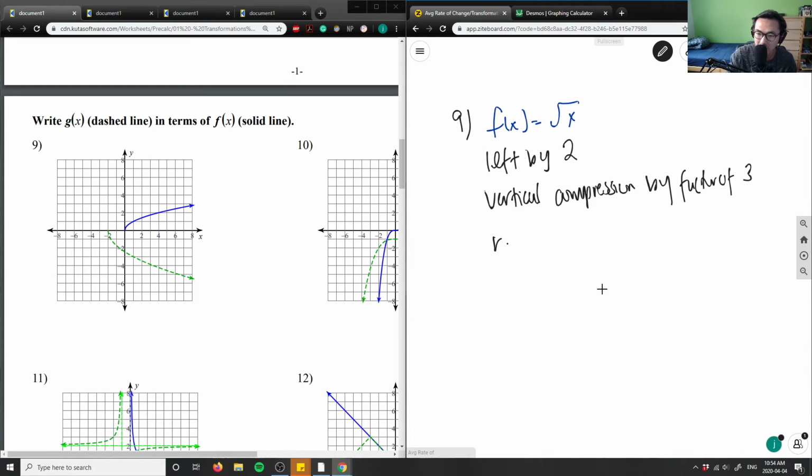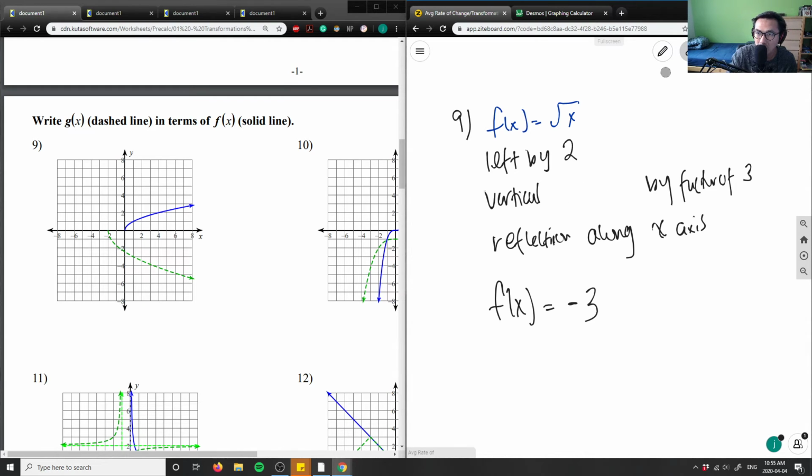This is a reflection along the x-axis. So if I want to write this algebraically, it would be f of x equals, reflection along the x-axis would give me a negative here. Vertical stretch would give me a 3 outside the bracket here. Sorry, this is a vertical stretch, not compression.